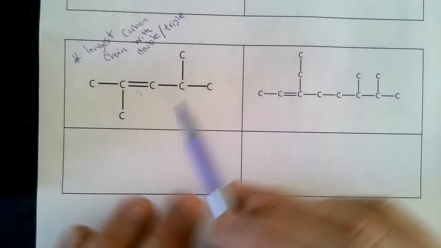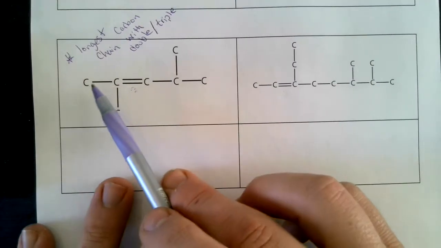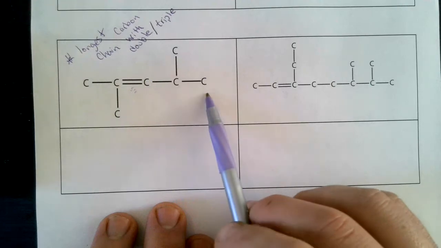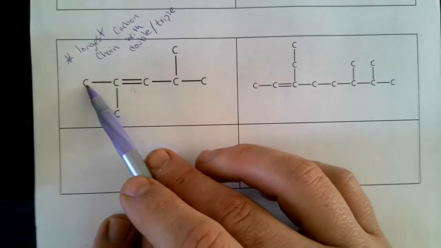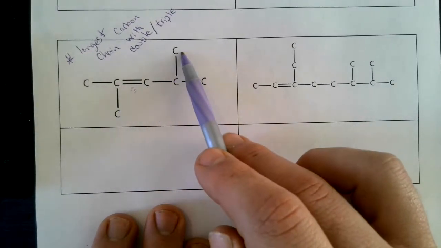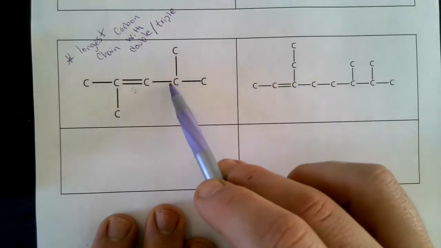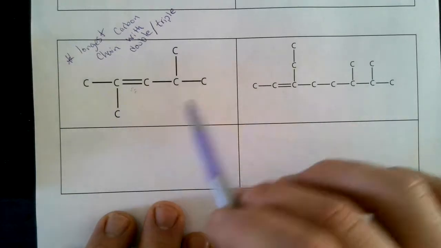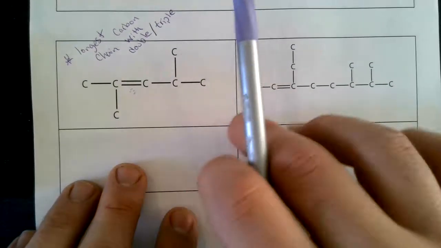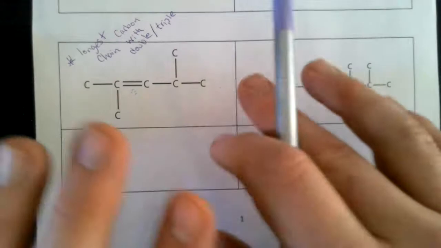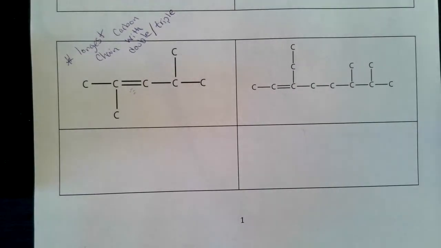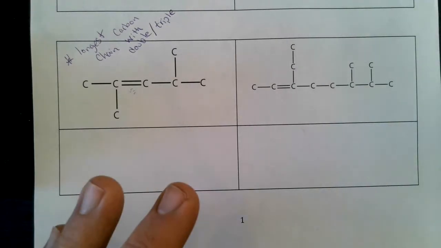So, keeping that in mind, I could number this 1, 2, 3, 4, 5. I could number this 1, 2, 3, 4, 5. I could number this 1, 2, 3, 4, 5. This picture was a good one to start with because there's no 6, there's no way to do 4. Pretty much any way you go, it's 5.